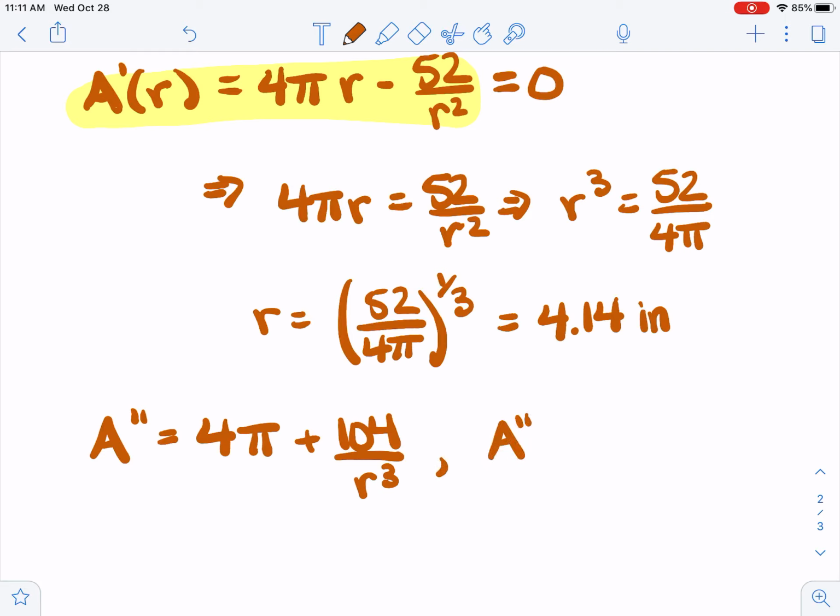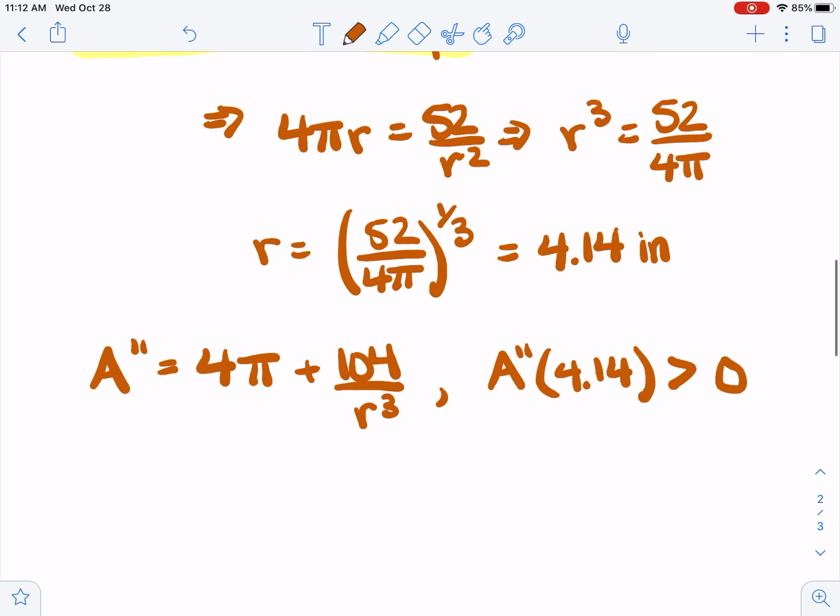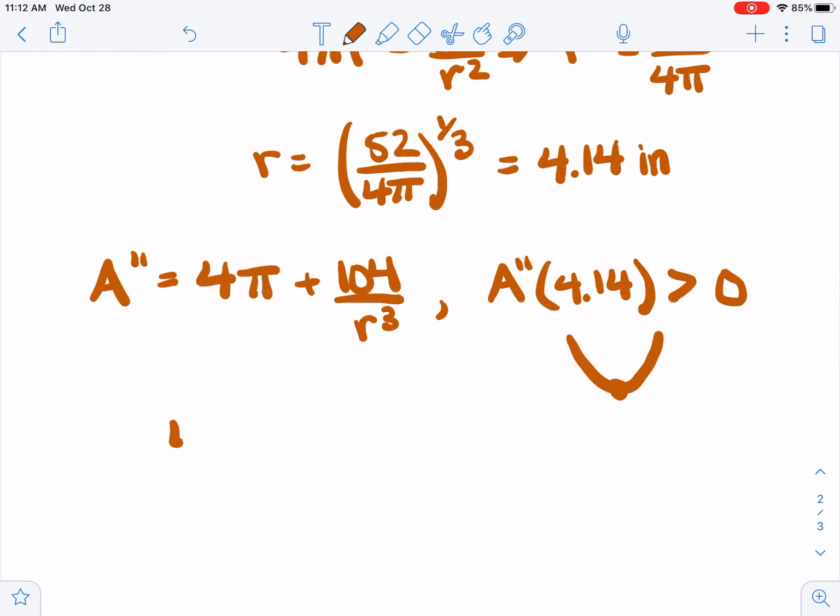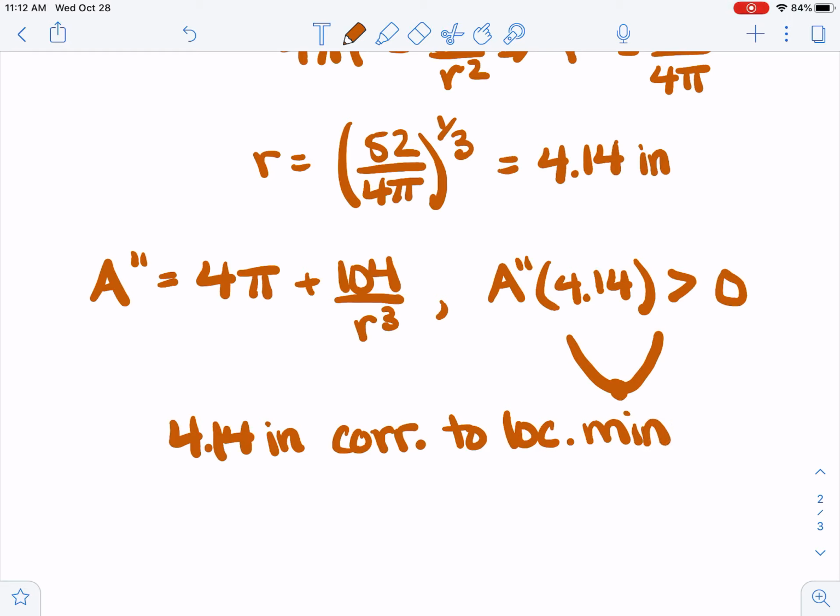So A double prime of 4.14, the second derivative at our critical point, is positive, which means it's concave up at that point, which means we have a local minimum. That's the second derivative test. So we have a minimum. We wanted a minimum. That's good news.